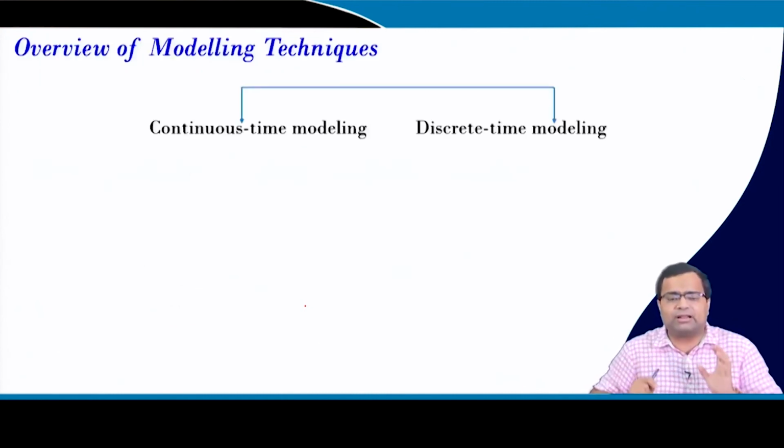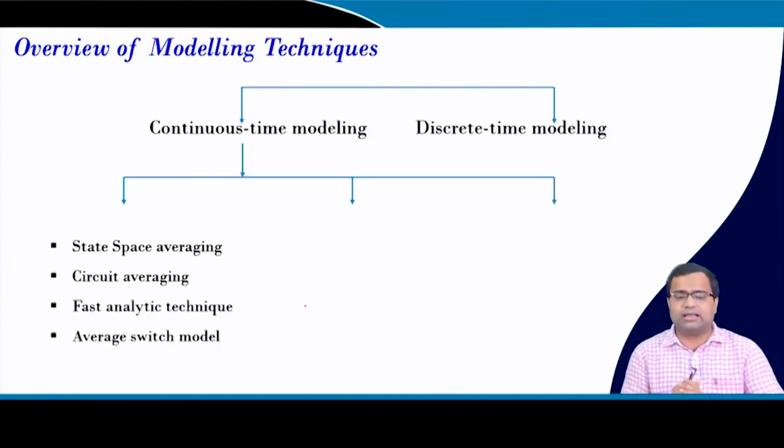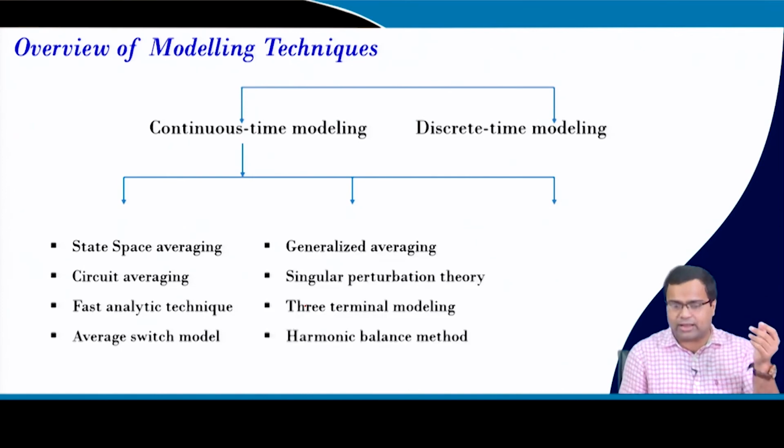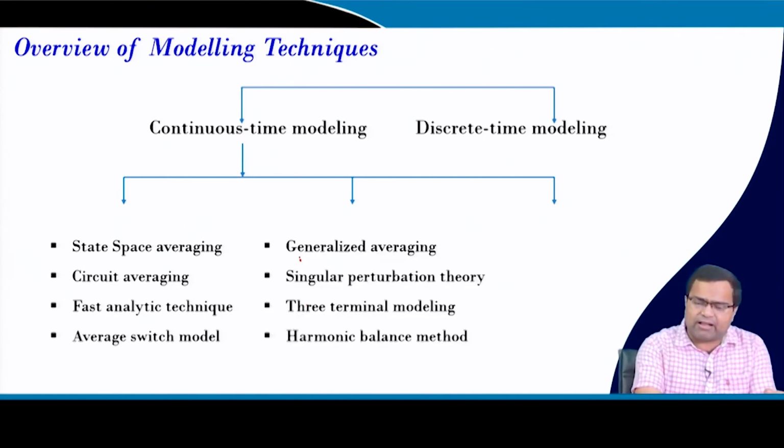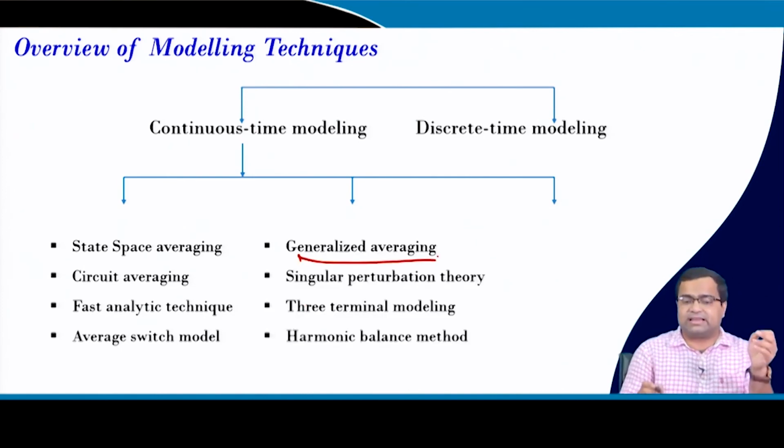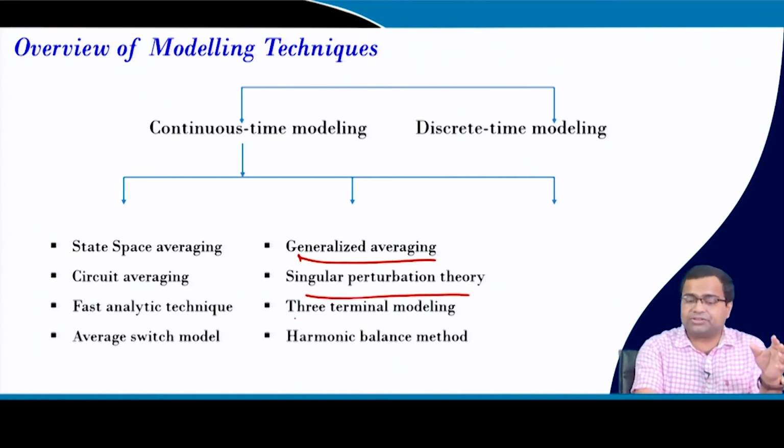So, the overview of the modeling techniques we can divide into two parts, continuous time modeling and discrete time modeling. In continuous time modeling, we can have state space averaging, circuit averaging technique, fast analytical technique, average switch model. We also can have a generalized averaging technique, singular perturbation theory, and the 3-terminal model.